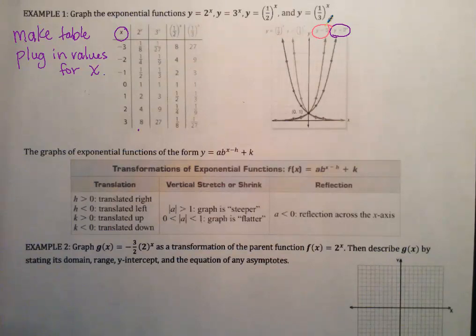Is the bigger number steeper? Well, that's what I was going to point back to. Remember, when b is greater than 1, it's an increasing function. And the closer the base b is to 1, the more gradual it increases or decreases. So 2 to the power of x is more flat, and y equals 3 to the power of x is the steeper one. It's going up more quickly.